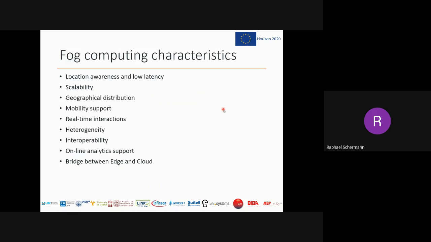And then we have also online analytics support. And this is an interplay with the cloud, because the fog is placed between the cloud and the end device, and it plays an important role in the observation and processing of the data close to the edge devices.